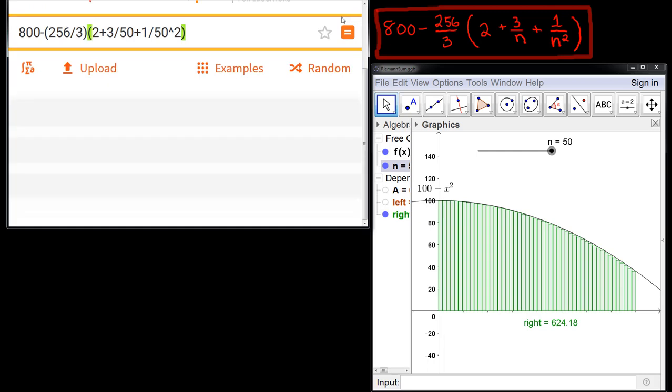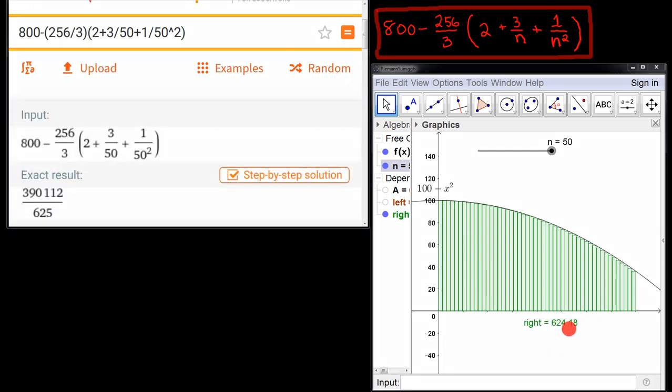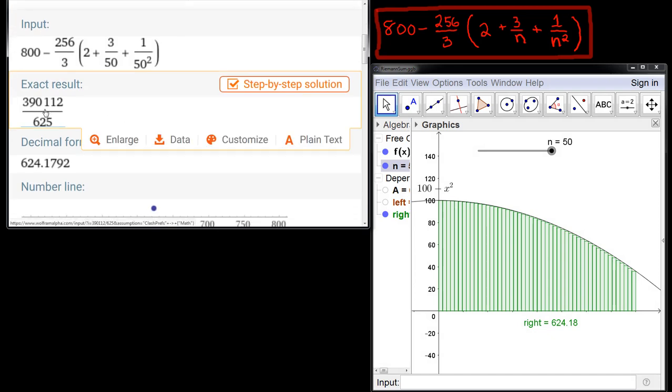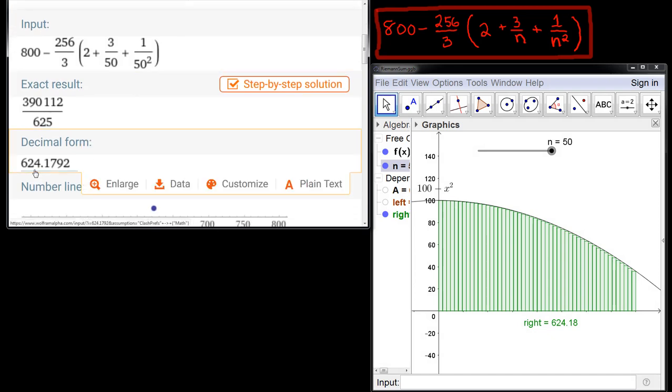GeoGebra tells us the answer should be about 624, and then Wolfram tells us that the exact result is about 624.18. So they're the same. In fact, this formula is better than GeoGebra, because GeoGebra is giving us an approximation, whereas this formula gives us the exact answer if we want it.